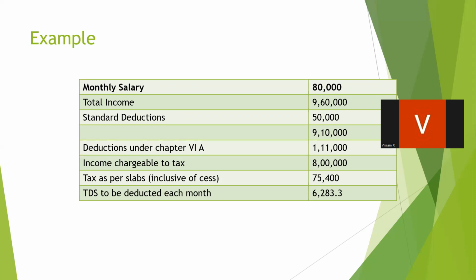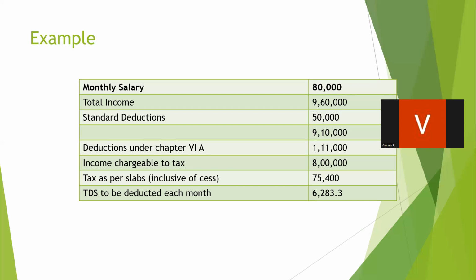From that 75,400, we deduct the TDS on salary. That is, the company or the payer deducts the TDS from that taxable amount. To arrive at 6,283, the total tax amount, 75,400, is divided by 12. So 6,283 will arrive.